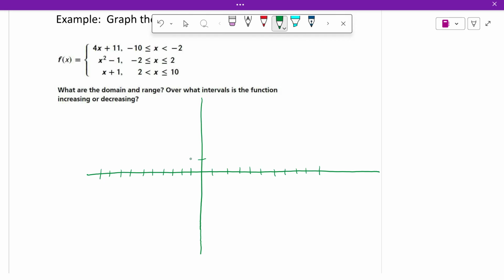Let's go 2, 4, 6, 8, 10, 12, 14, and -2, -4, -6, -8, -10, -12, -14. So if we start with -10 here, what's -40 plus 11?